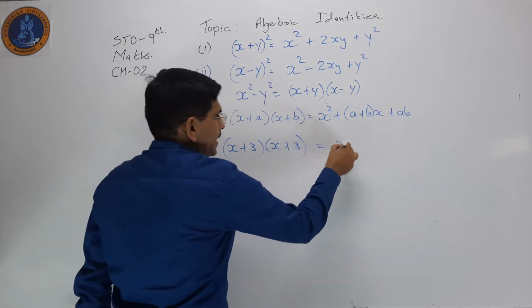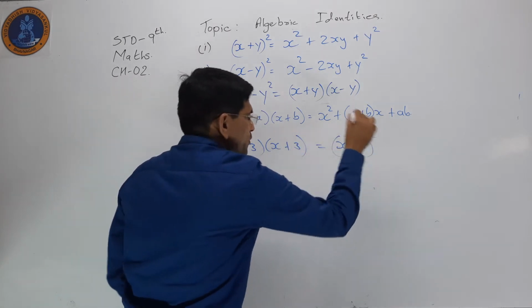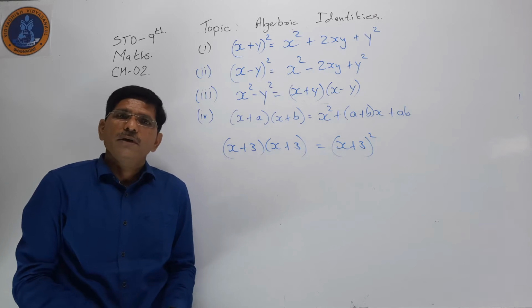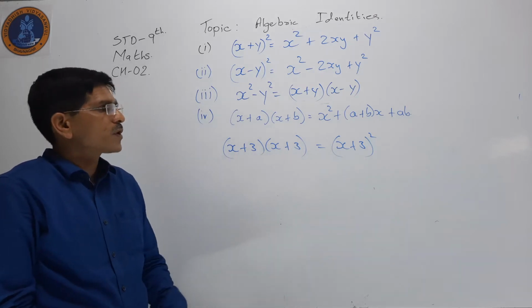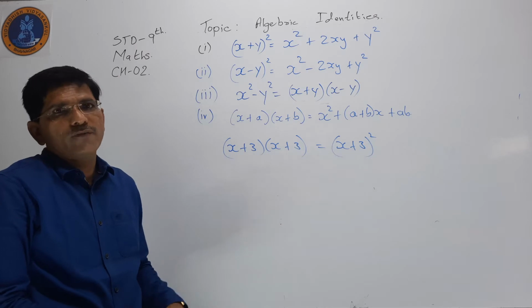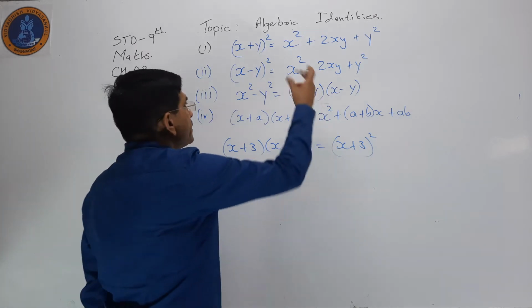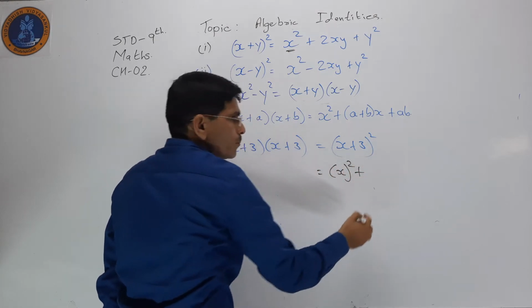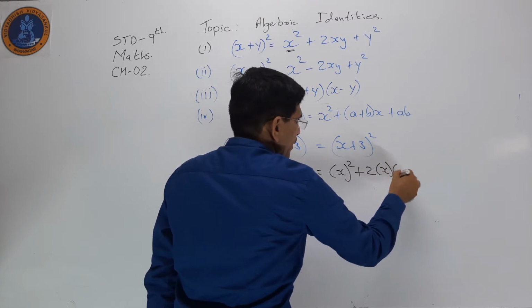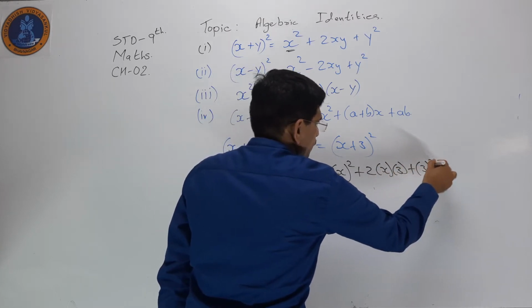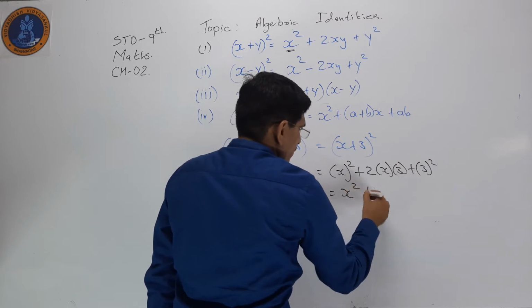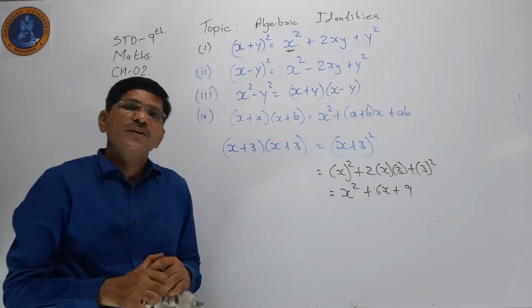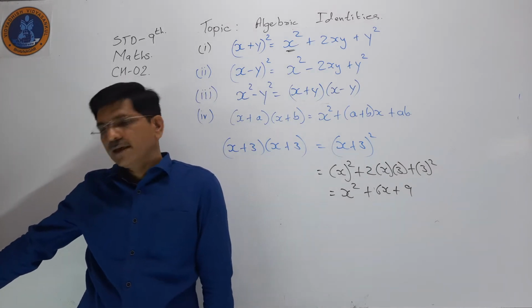I write (x plus 3) whole squared. Now opening the bracket using the identity, x square plus 2 into x into 3 plus 3 square. So x square plus 6x plus 9. Very easy if we apply the identity directly in a question.